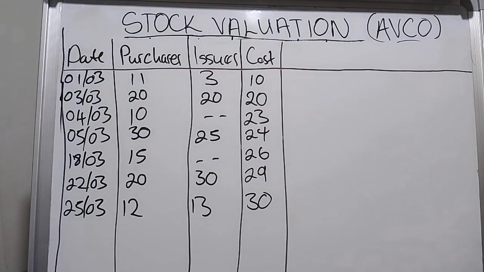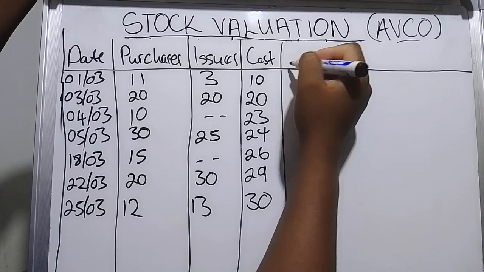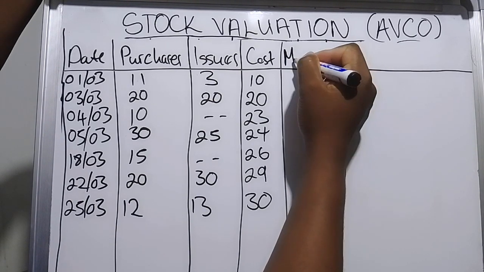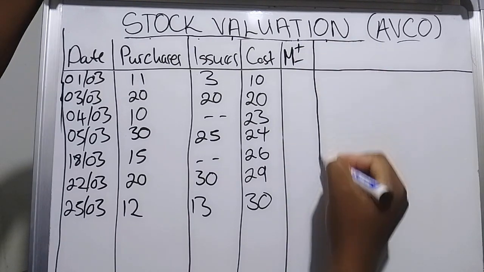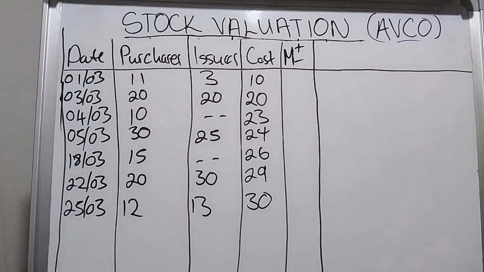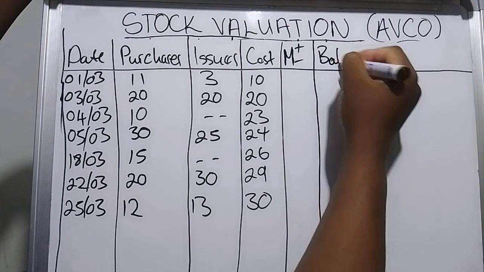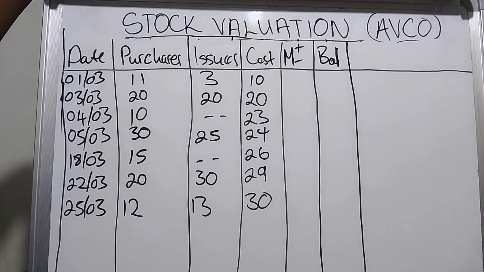The first column that I will add is a column written movement, M plus or minus. Then I will also add a column written balance. I'll just put BAL for balance. This is the balance of stock.